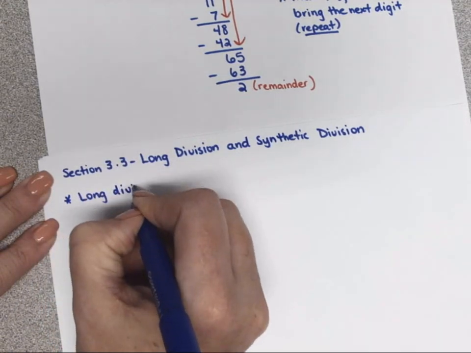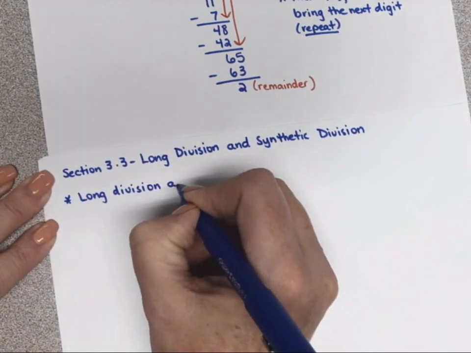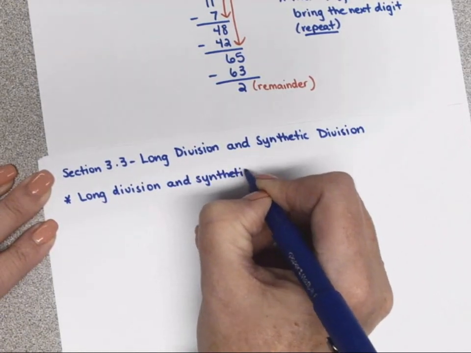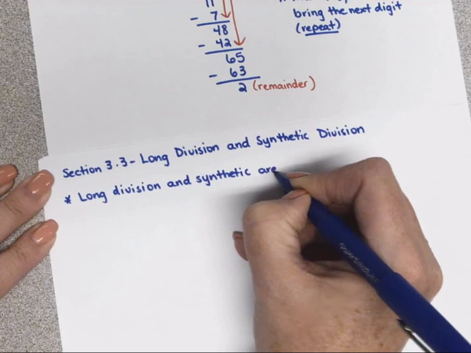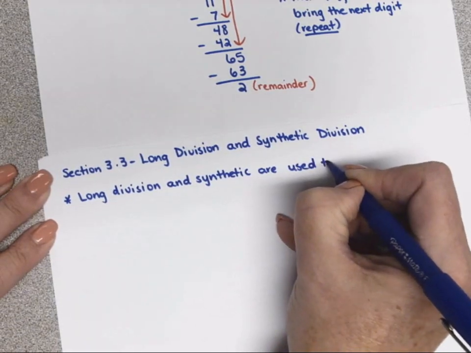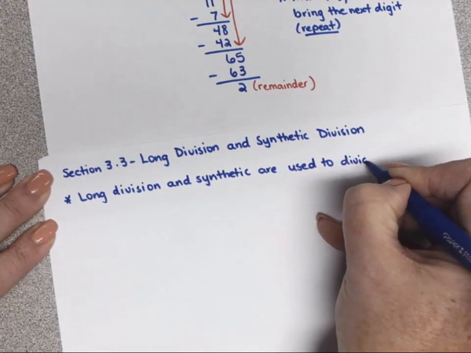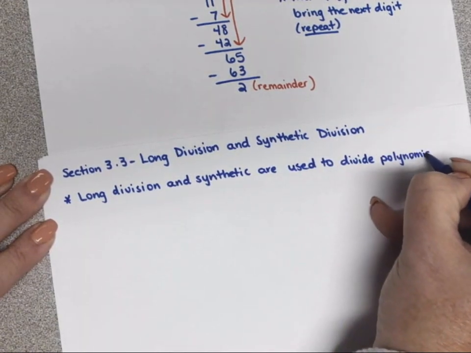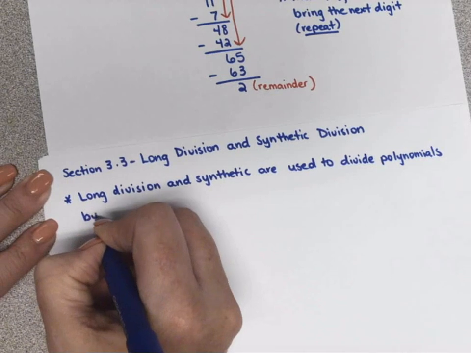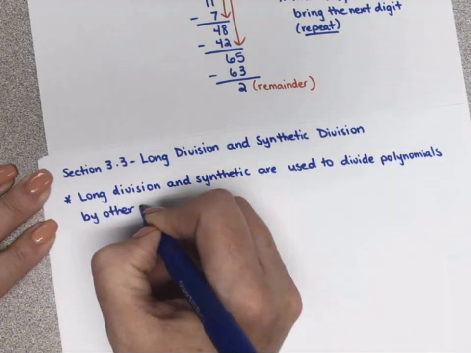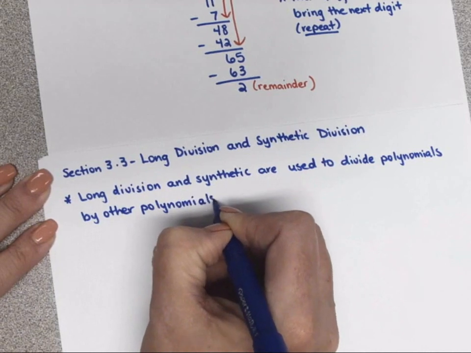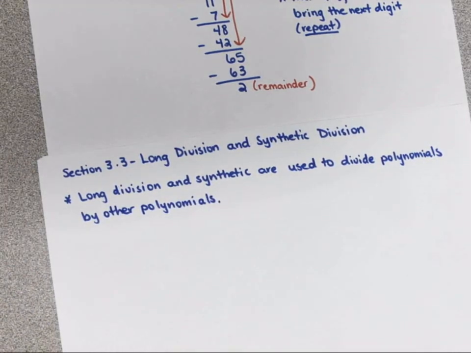So long division and synthetic division are used to divide polynomials by other polynomials. And sometimes we're going to get remainders, and sometimes we're not. If a polynomial divides into another one evenly, we would not get a remainder.